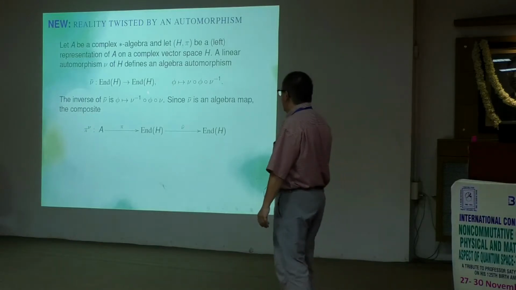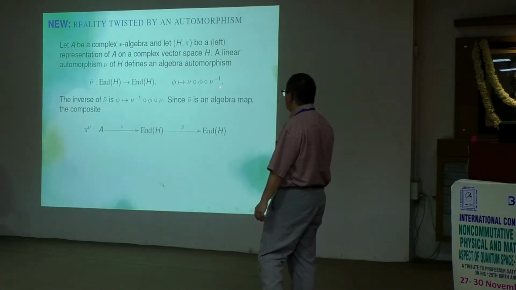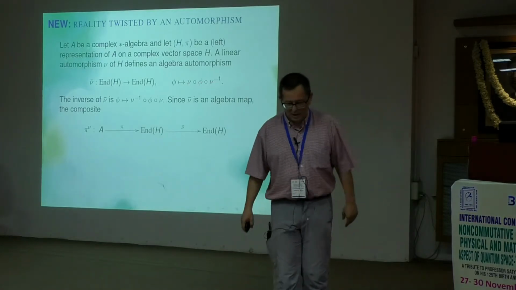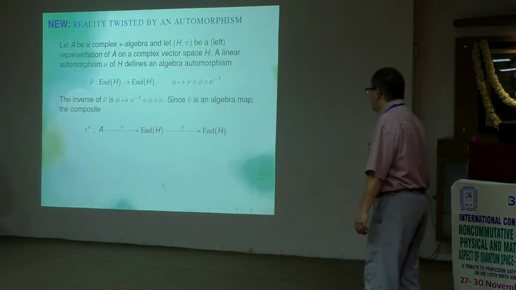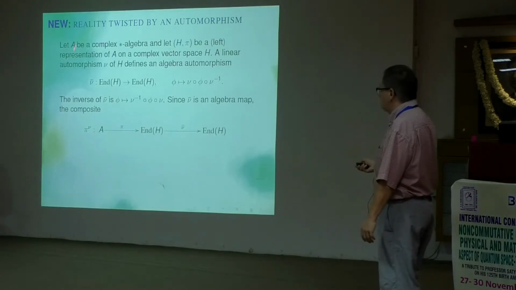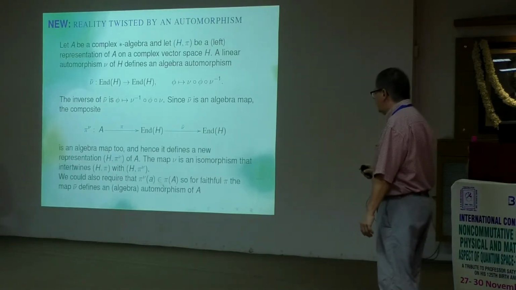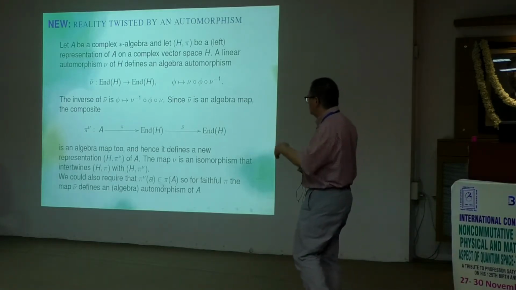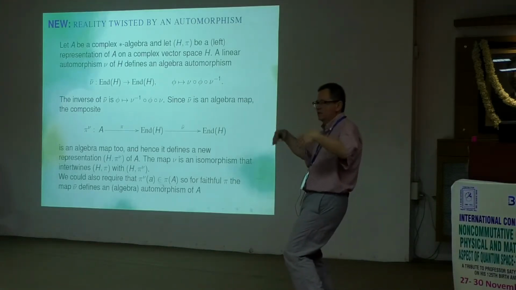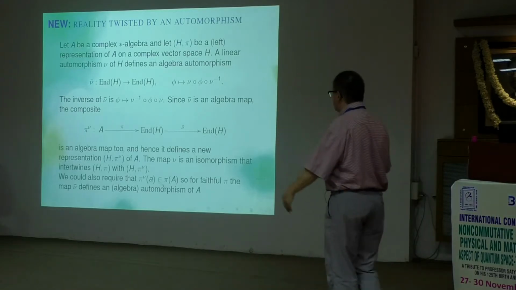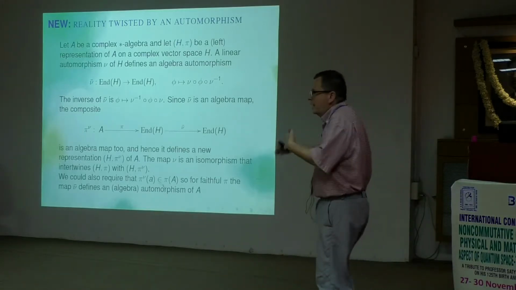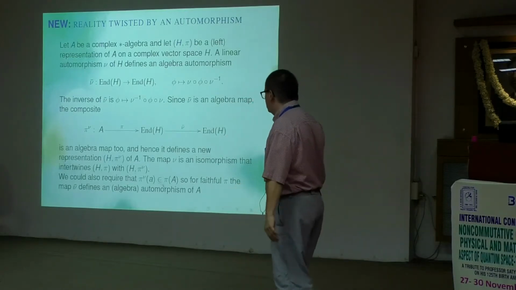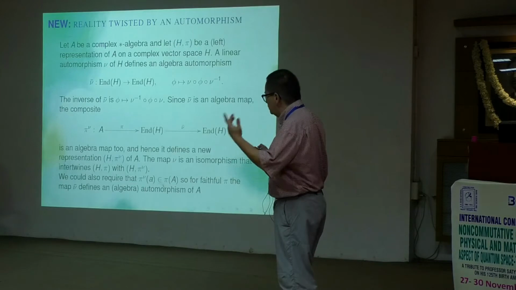So for any operator, we just compose it with ν and ν inverse. And this defines an automorphism of the original algebra that you have. Then you can use it to twist the representation by this automorphism. In other words, you use this automorphism to have a new representation, which you call π_ν.